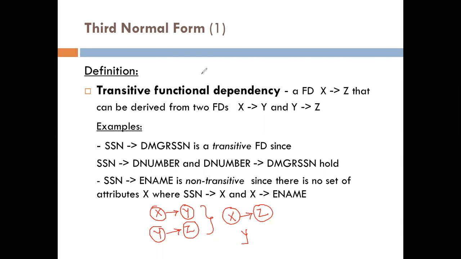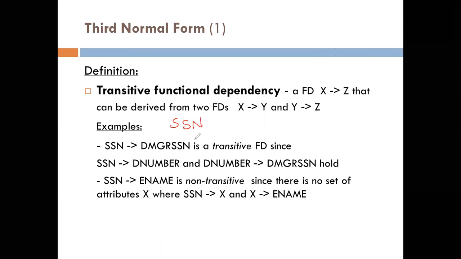In our example of a company database, consider a relation with the following attributes: SSN of an employee, department number of an employee, and department manager SSN.